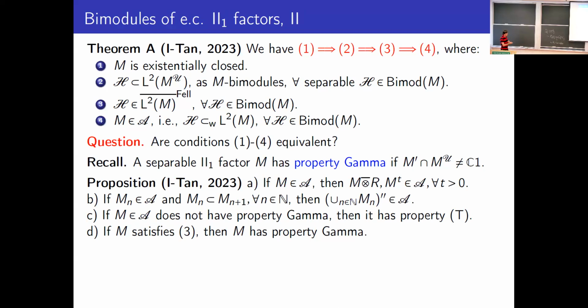However, part D says that if a II1 factor M satisfies condition 3, then it must have property gamma.